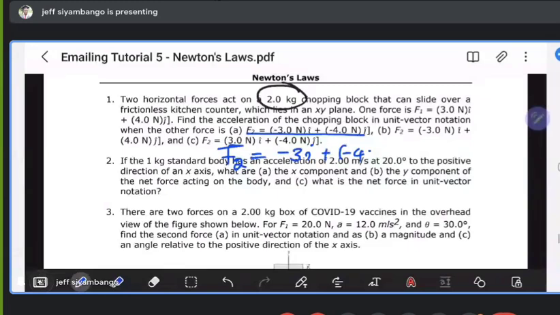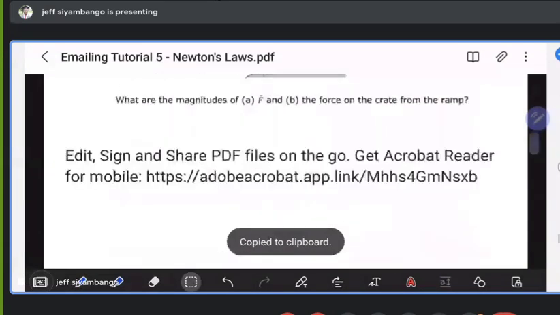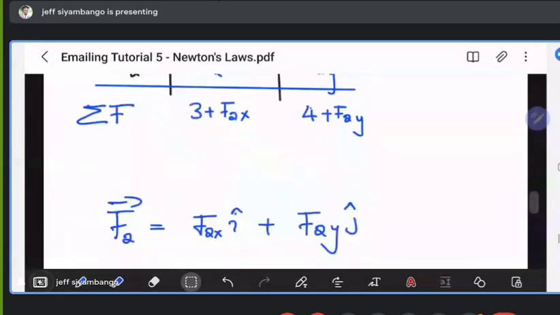Of course, let me just put units there. So we're looking for the acceleration if that is what F2 is.